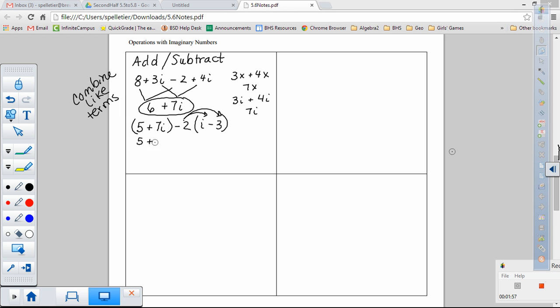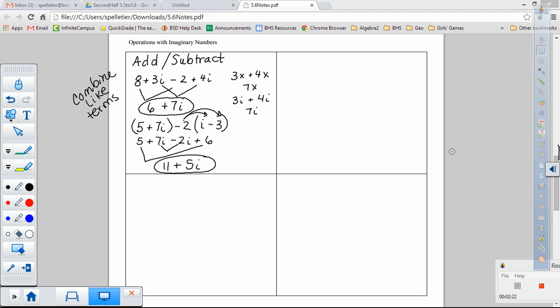So 5 plus 7i, negative 2 times i is negative 2i, and negative 2 times negative 3 is positive 6. Again, combine like terms. 5 plus 6 is 11, and 7 minus 2i is 5i. Done. So adding and subtracting is combining like terms.